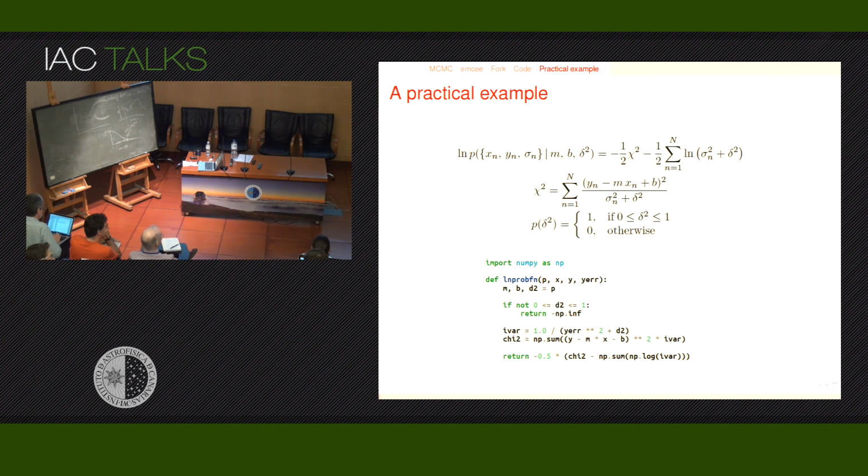So that's a product, a term that has, I'm going to get this wrong because I'm doing it live, of course, a square root of 2 pi and a square root of sigma_i squared plus delta squared. And then the exponential term has minus a half, (y_i minus (m x_i plus b)) squared over sigma_i squared plus delta squared.